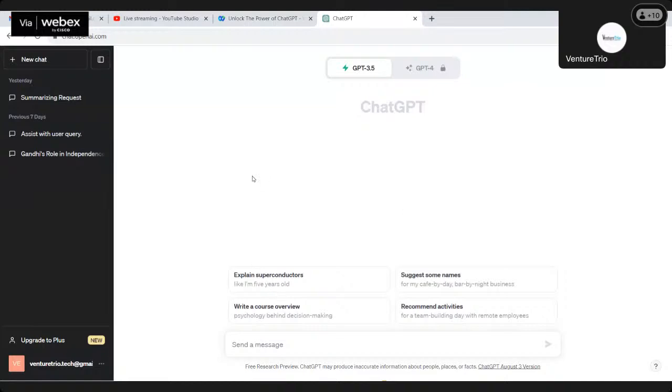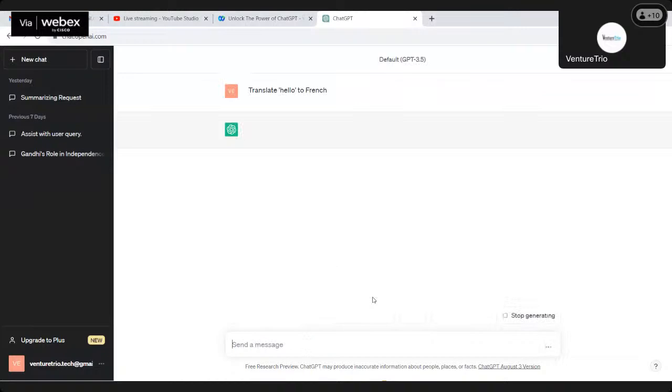Today we are again using this simple ChatGPT. Let's try some examples, some prompts. As we said, the first one is a translation request. Translate hello to French.